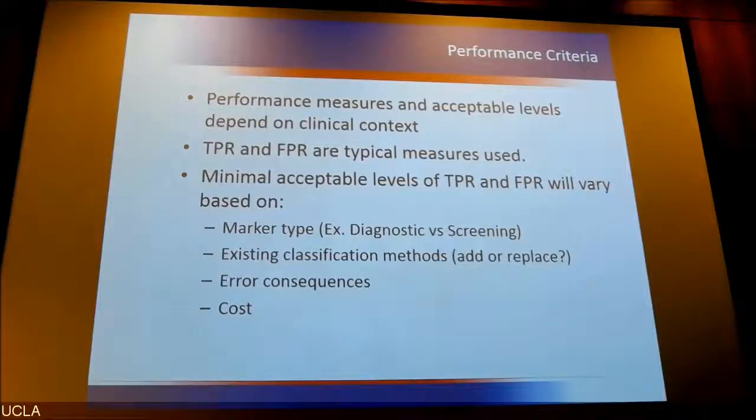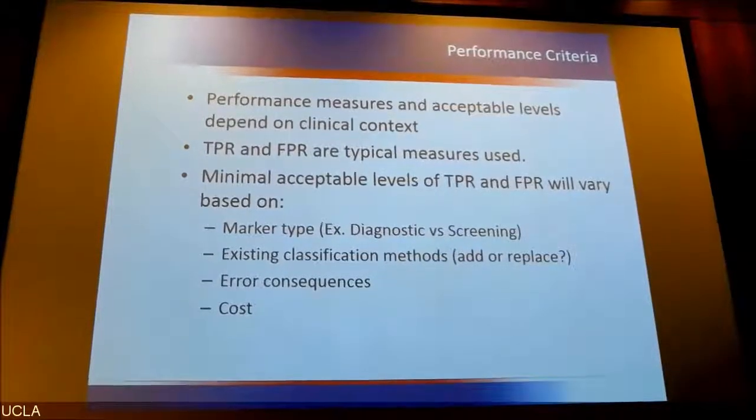So in the study design phase, we often want to think about what are the minimal acceptable levels of the true positive and false positive rates, and those will depend on potentially what the existing methodologies are. We want to build something that improves on an existing method, maybe in the true positive or the false positive rate. It may depend on whether we're in a diagnostic setting where high sensitivity is important, or a screening setting where high specificity is important.